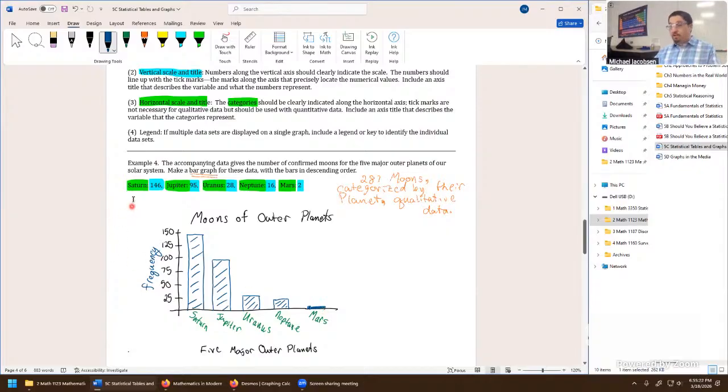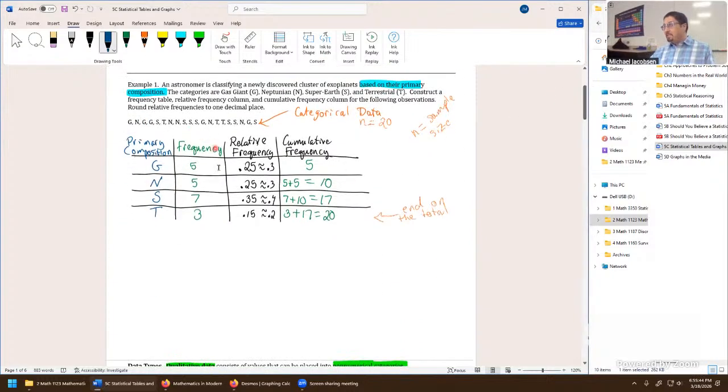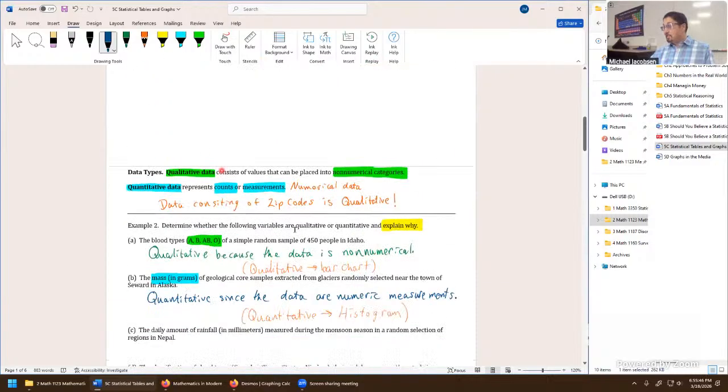And here's the moons of the outer planets. The data was already put into a frequency, not as a table, but it was listing out the frequencies. If we had the data that looked exactly like these, we would have had 287 different listings for each one of those planets the moon belonged to. So that would have been overwhelming, but the frequency was already done for us.